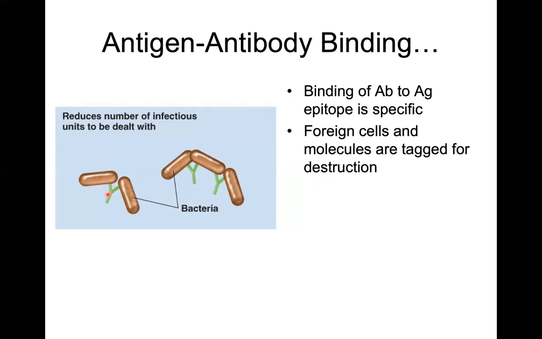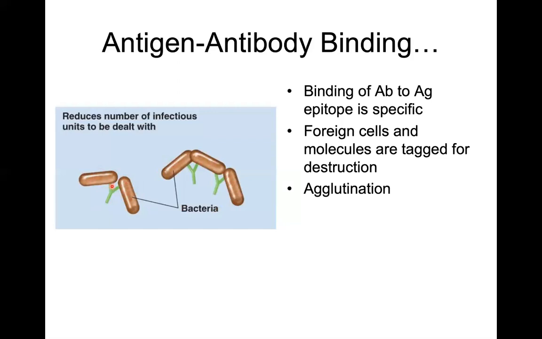So you can see that this antibody has bound to two different antigens at identical epitopes. And what this is doing is it causes an agglutination or clumping of the antigen. So in this case, the bacteria acts as the antigen.